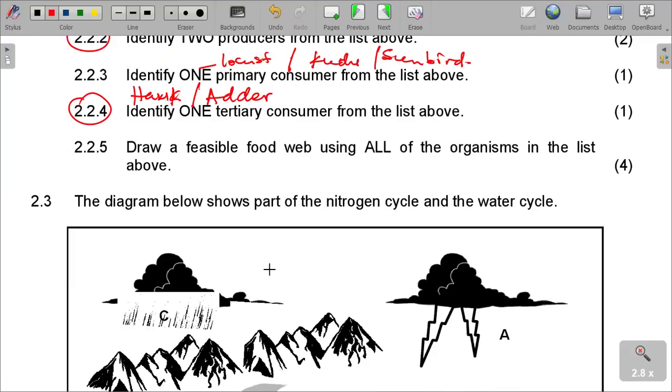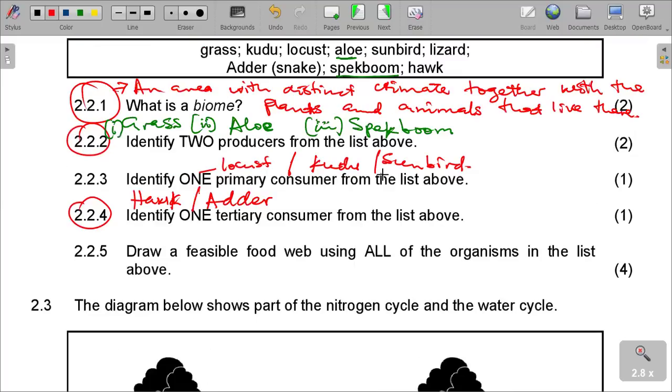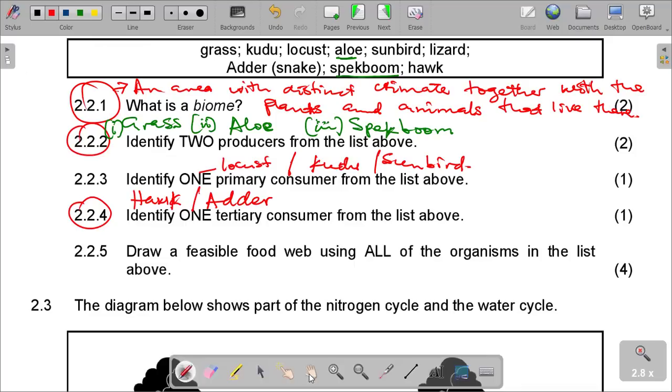And then the next question is 2.2.5: draw a feasible food web using all the organisms in the list above. So we need to draw a food web based on the organisms that are shown.